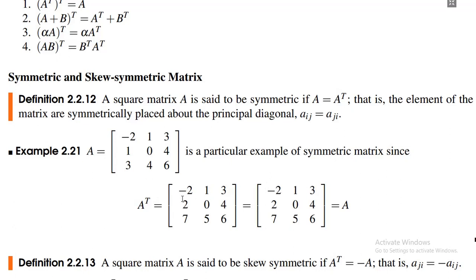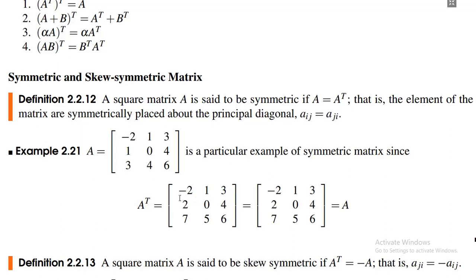The transpose of this matrix is minus 2, 1, 3, 1, 0, 4, 3, 4, 6. Since it equals matrix A, this is an error of writing, or we interchange rows and columns. That means by interchanging, we get the same matrix.